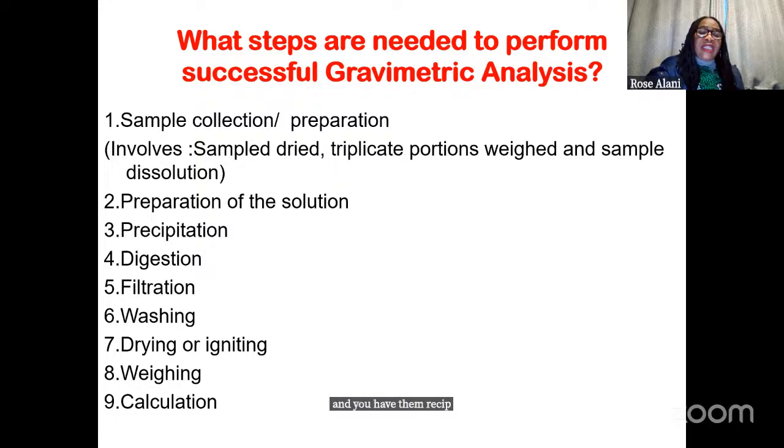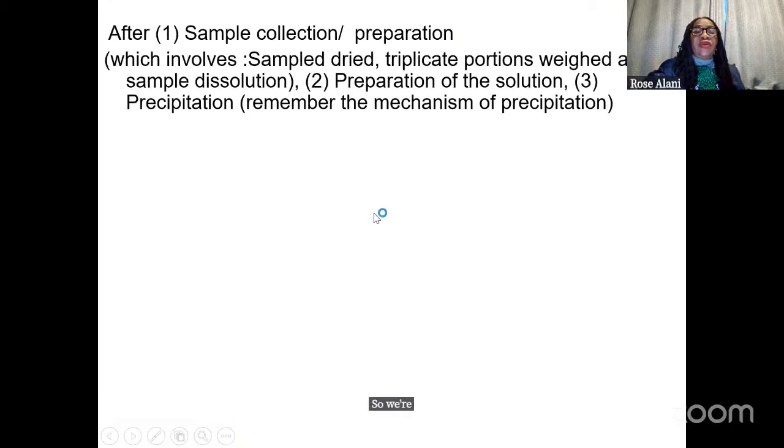Then digestion of the precipitate, that is by heating it. Then filtration, washing, drying or igniting, weighing, and calculation. I showed you an example of calculation in the last class, so we're not going to look at calculation here again.